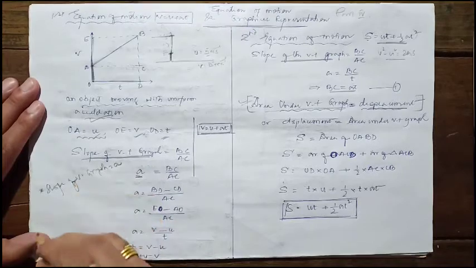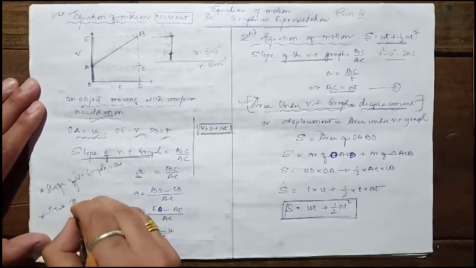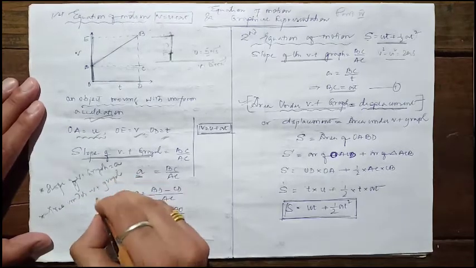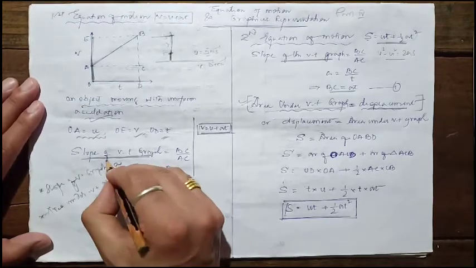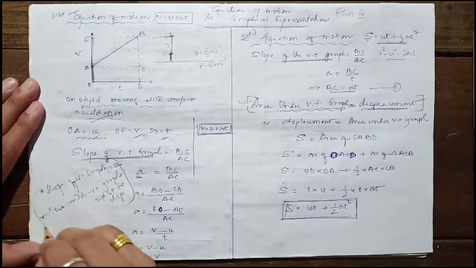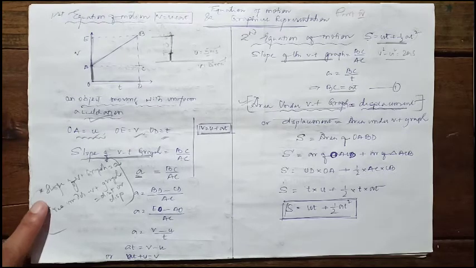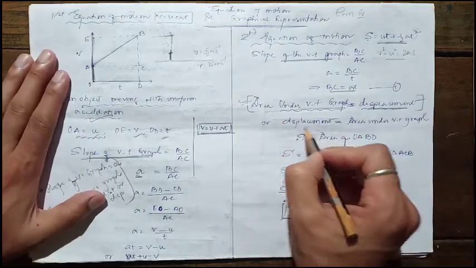Second, the area under the VT graph equals distance or displacement. Students, remember these two important properties. You may be asked to write the two important properties of a velocity-time graph: the slope of a VT graph gives us the acceleration, and the area under the VT graph gives us distance or displacement. Now, students, let's move ahead. So suppose displacement.